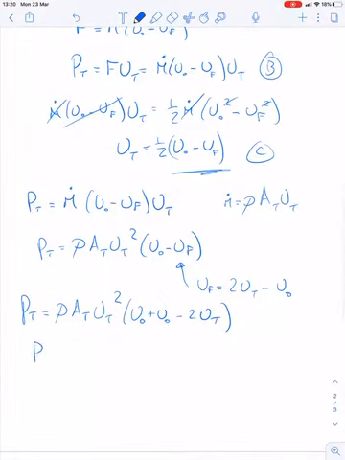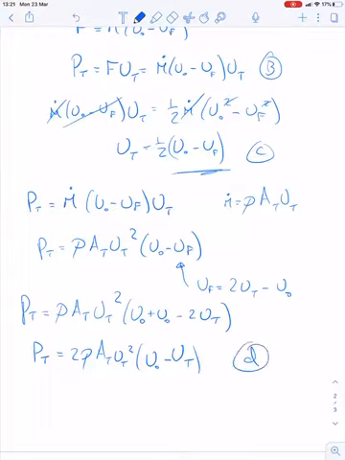So then a bit of rearrangement, Pt equals 2 density At ut squared, where we've just brought the 2 out from inside the brackets to ut. There we go. Okay, so we'll call this term here equation D.